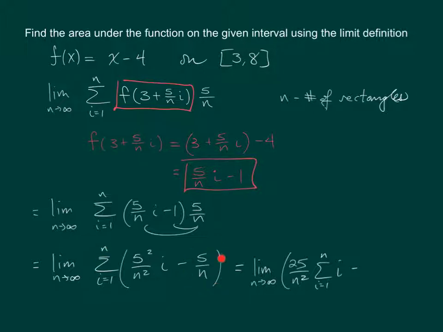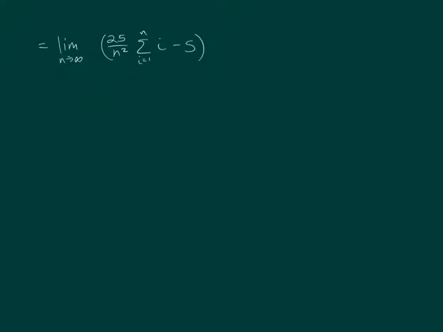So n times 5 over n is just 5. From the previous page, this was the last thing written.